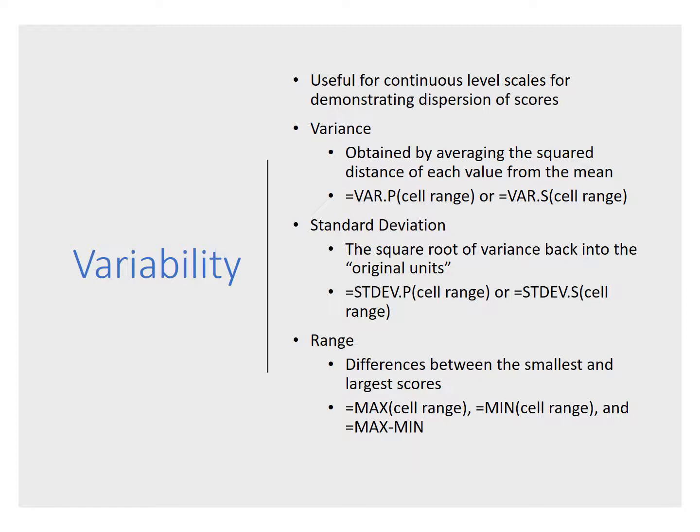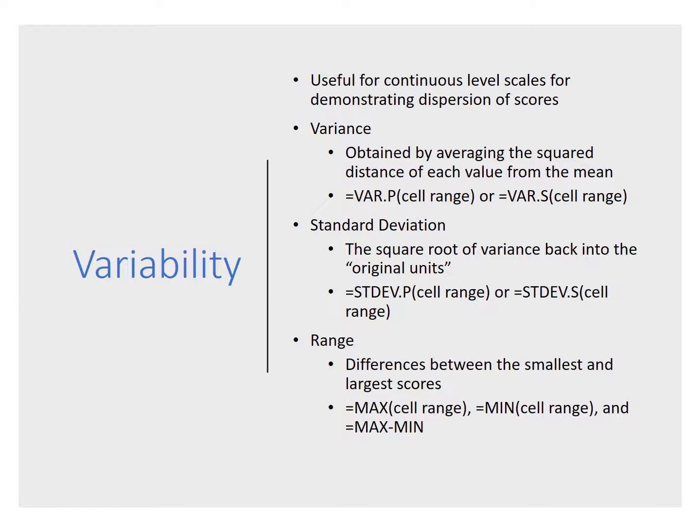We can use variance, which is averaging the squared distance of each value from the mean, and again, there's an equation for that in Excel. We usually describe variance in our different models and research. We're trying to describe why people are different from each other or why observations are different from each other.